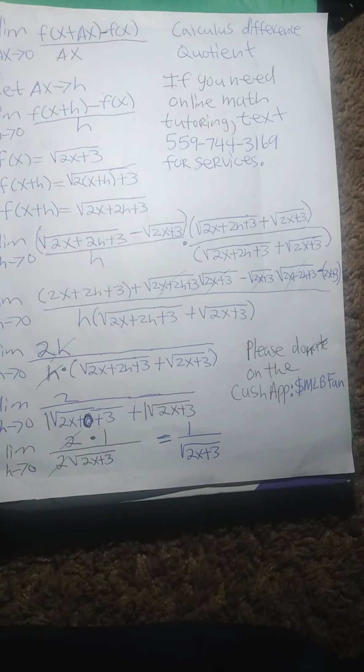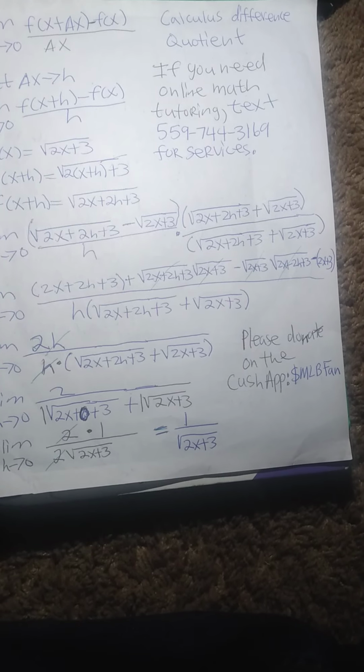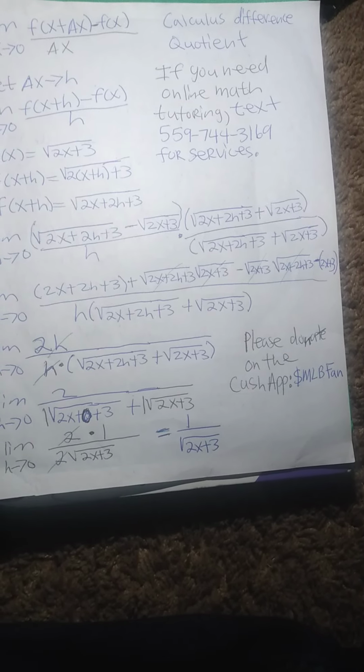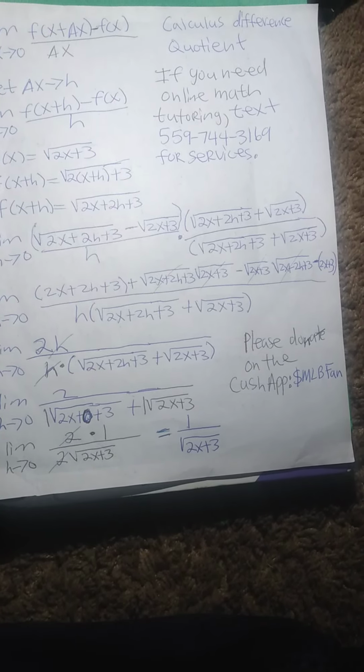So when we FOIL the square root of 2x plus 2h plus 3 multiplied with the square root of 2x plus 2h plus 3, it will yield 2x plus 2h plus 3.